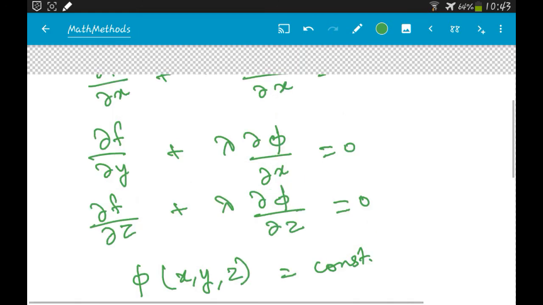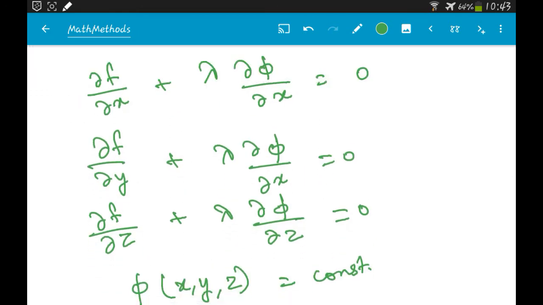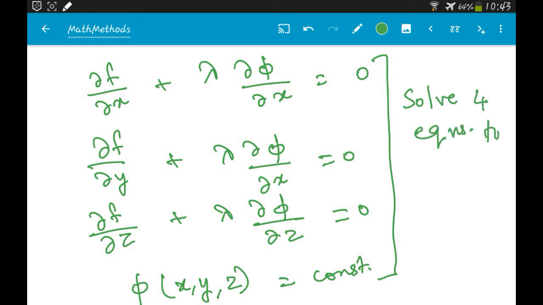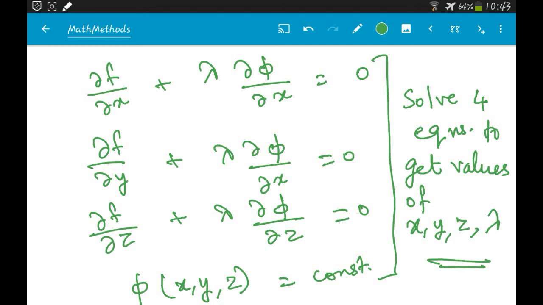So these are the four equations. So now we have four equations. So solve four equations to get values of x, y, z and lambda. Okay.